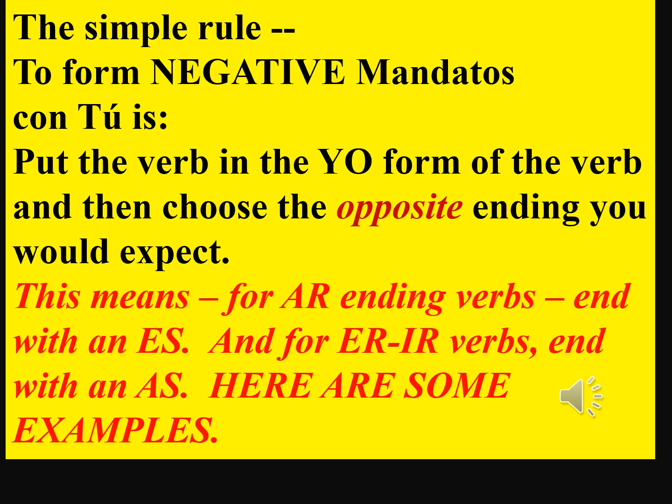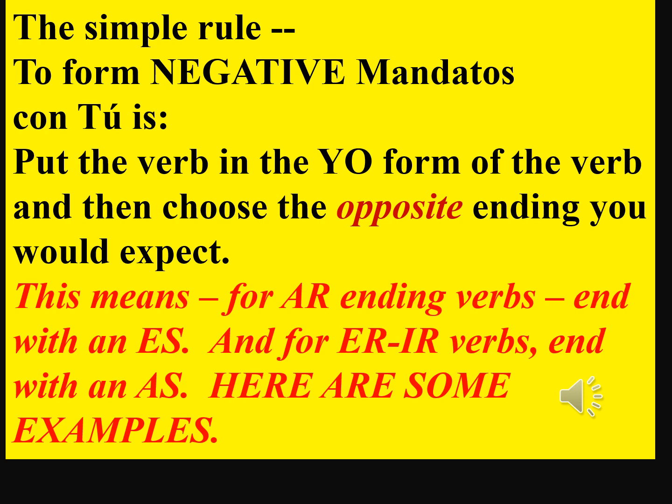So we just got done seeing AR verbs like hablar. We said the tú command is habla. The minute you're telling someone not to do something, you're changing it to the opposite. You're changing that A to an E and an S, so it's ES on hablar.